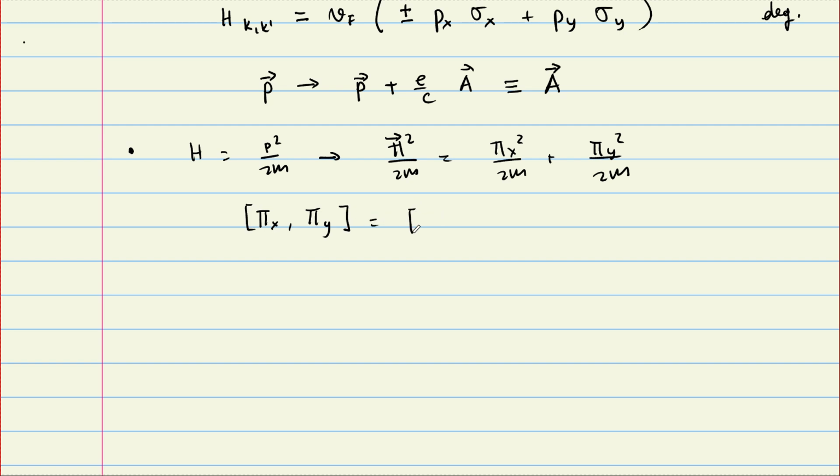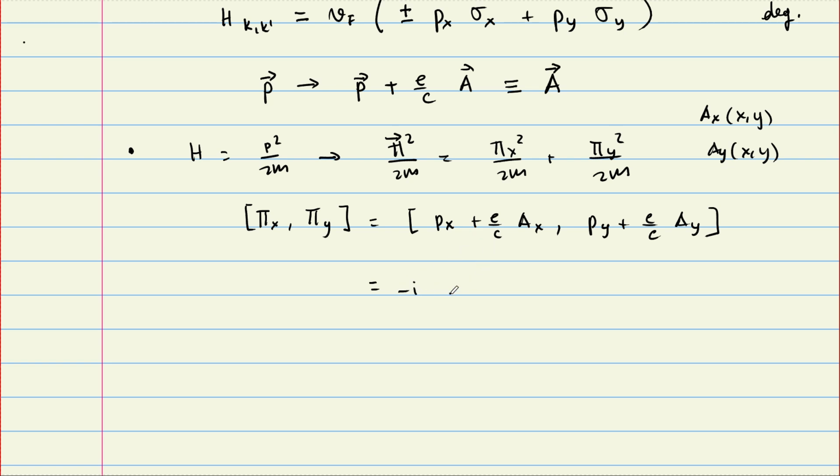So this is px plus e over c ax, py plus e over c ay, and px and px are going to commute. ax is a function of x and y, and ay is a function of x and y. So px, which has an x derivative, is going to act on ay. If you do this, it's a simple calculation.